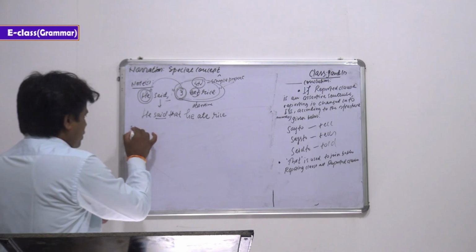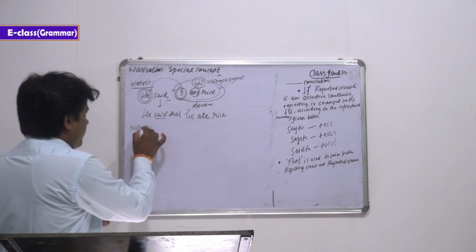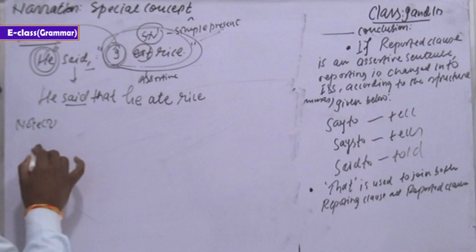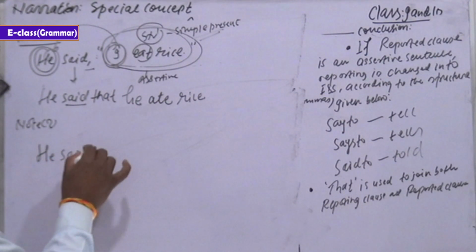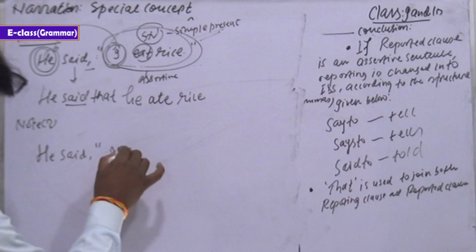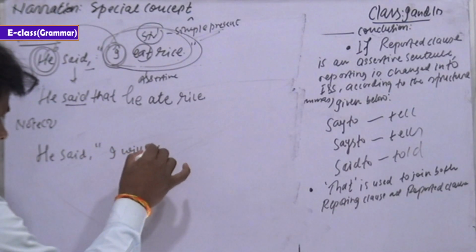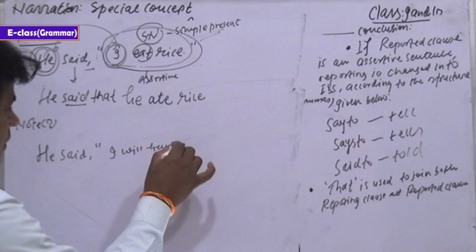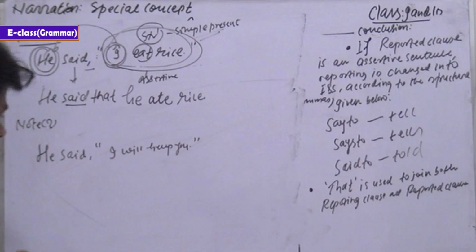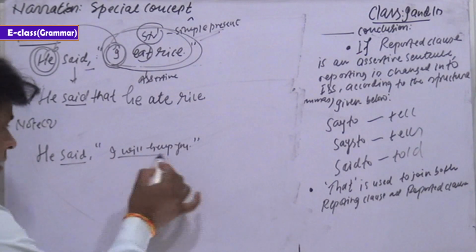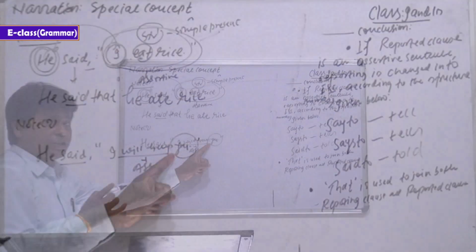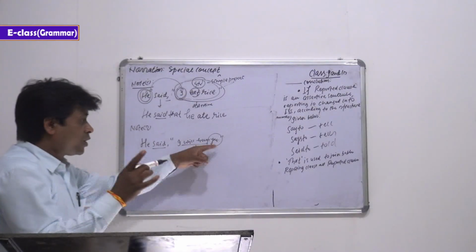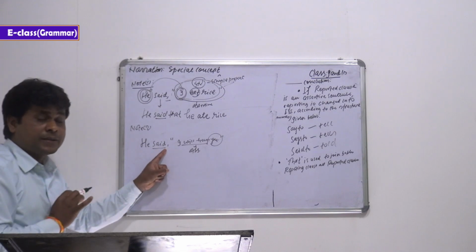But let's see one more case here. Note 2. He said, inverted comma, I will help you. See here now. Is there an object here? No. Which sentence is this? Assertive. And second person is used. The second person is changed according to the object, but there is no object.